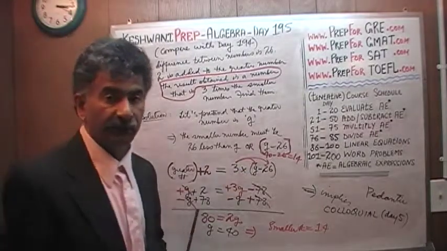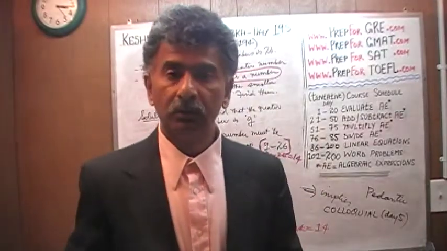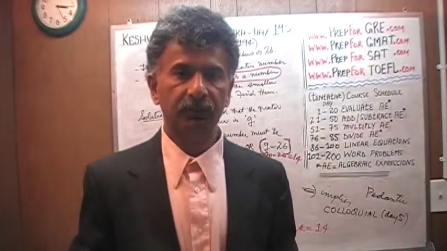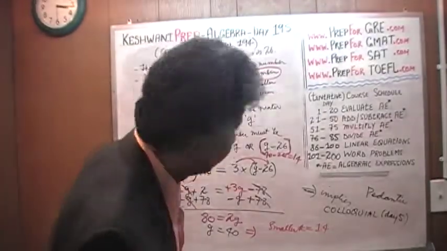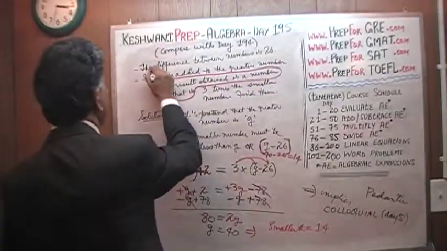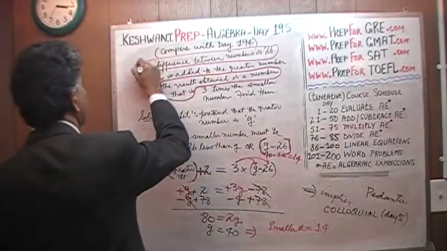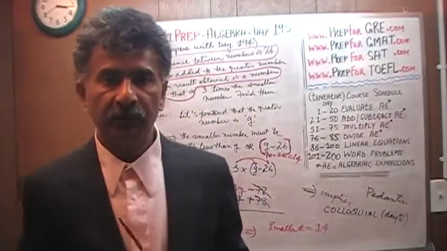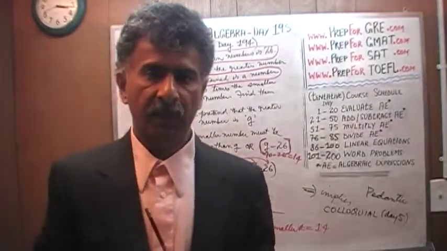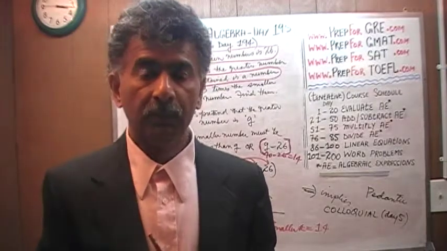We could have asked ourselves, how does the large number compare to the small number? If the difference between the two numbers is 26, and if somebody approaches you and asks you, how does the large number compare to the small number?